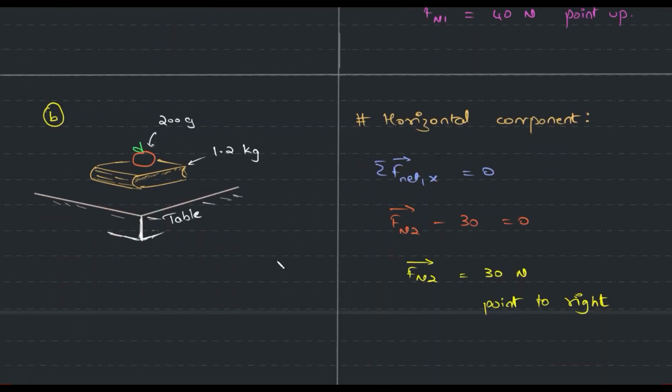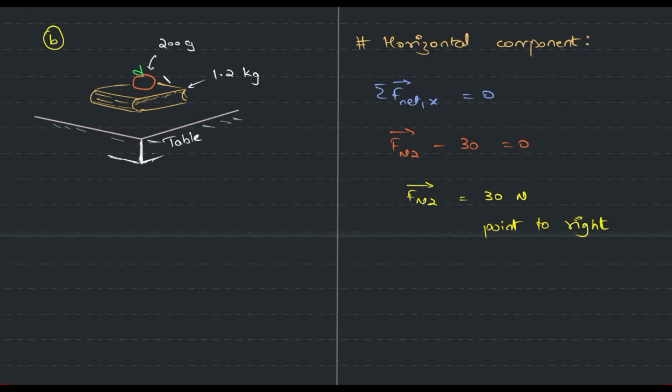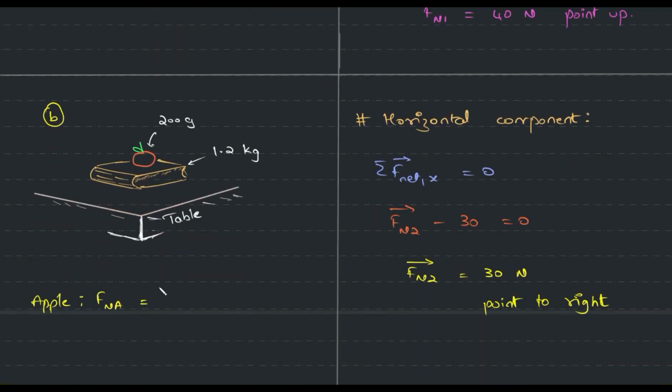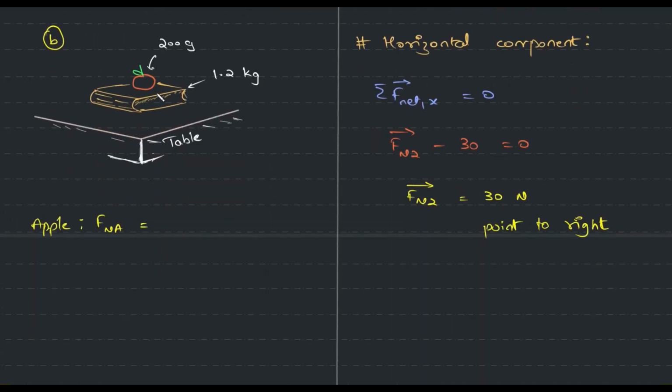Okay, so that's that. Now let's talk about this. So first we'll talk about the object apple, the normal force acting on the apple. As per all of this discussion, assuming none of them are moving, since they're just placed, the normal force will be equal to the weight of this fruit.